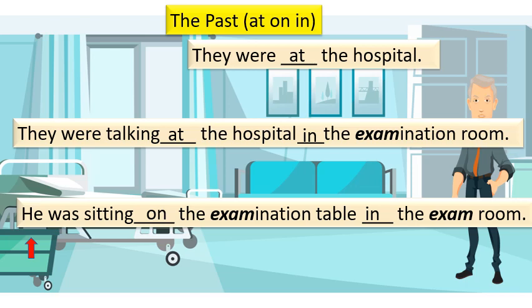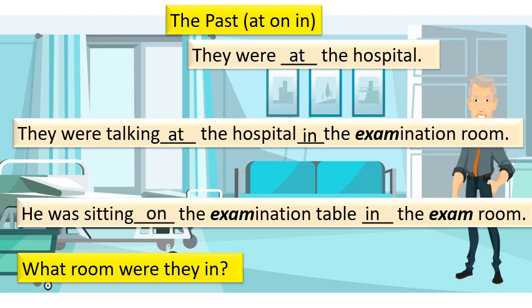The question? Who was sitting on the examination table in the exam room? The question? Where was he sitting? What room were they in?